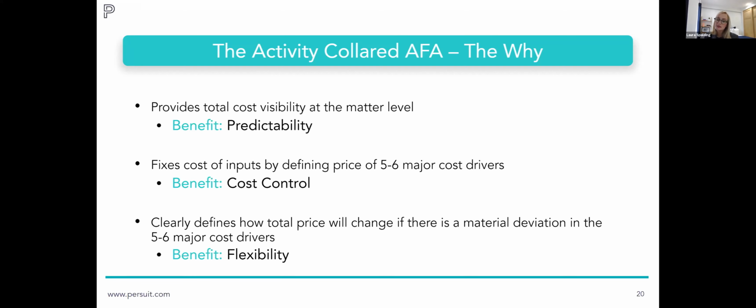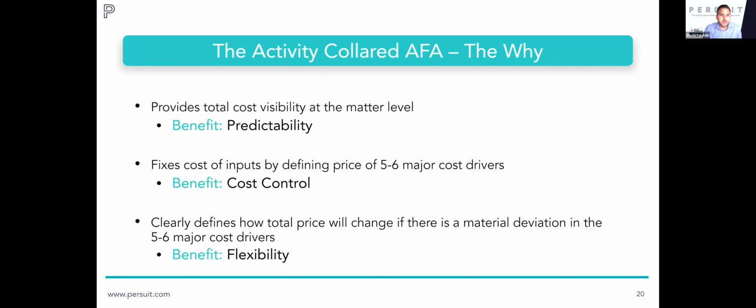So flexibility is important so that you're not undercutting the law firms either. If they do end up putting in more work and the cost drivers increase, then they're getting paid accordingly and their services are still valued. So flexibility is probably the number one benefit that I get in terms of feedback.